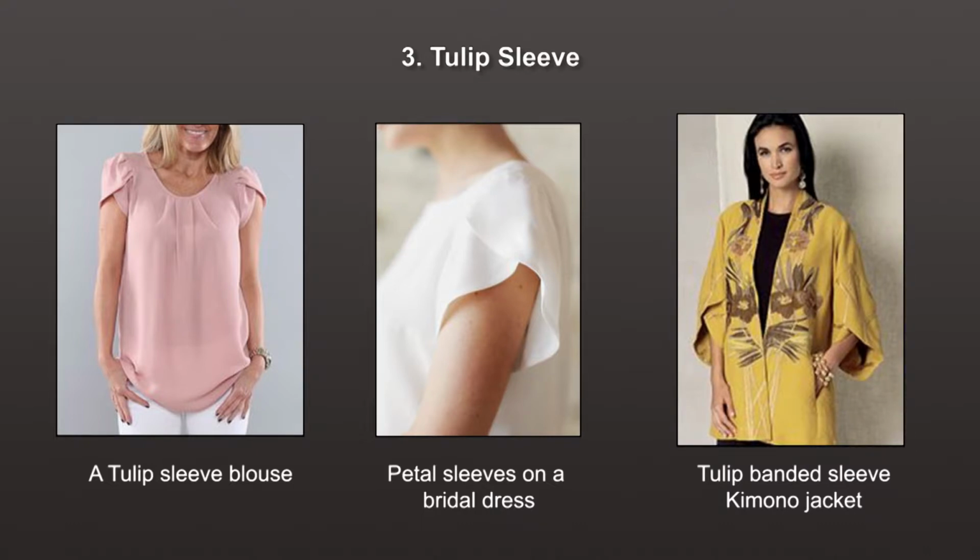It is a kimono jacket with a long tulip sleeve. The basic form of tulip sleeve is only as long as a cap sleeve. In this image, the same concept has been used in a 3/4 length.